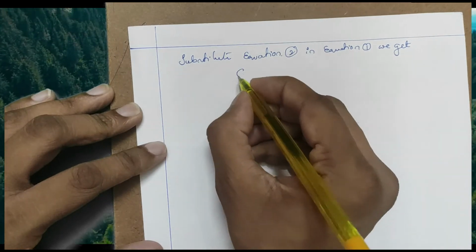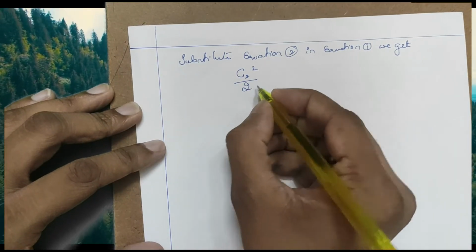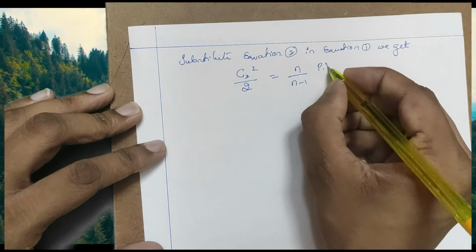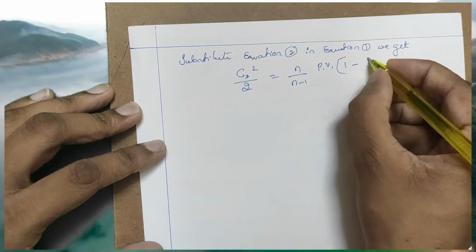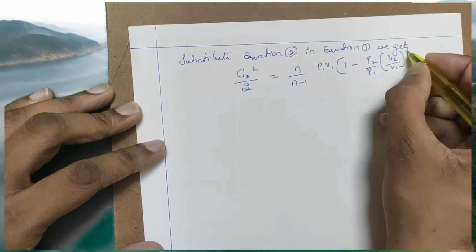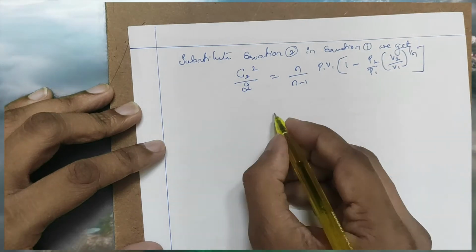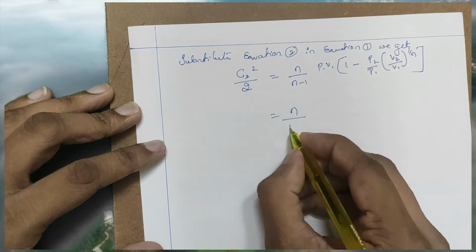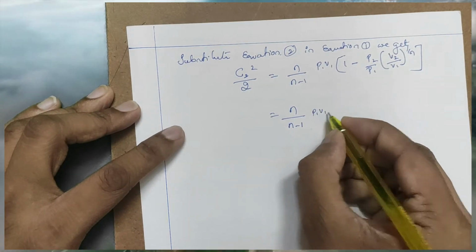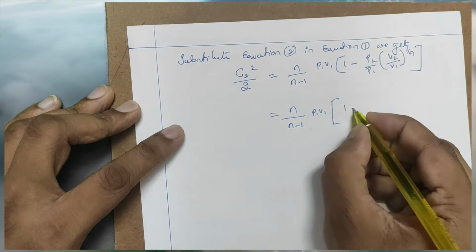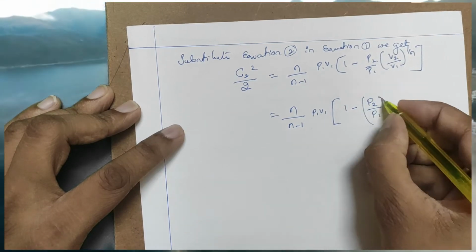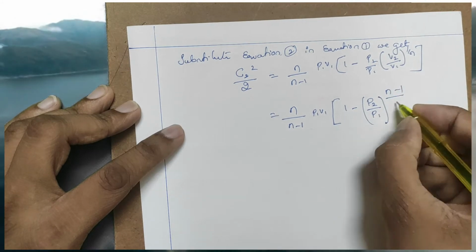We get C2 square by 2 is equal to n by n minus 1 P1 V1 into 1 minus P2 by P1 into (V2 by V1), power 1 by n. Okay, so next, n by n minus 1 P1 V1 into 1 minus (P2 by P1) power n minus 1 by n.